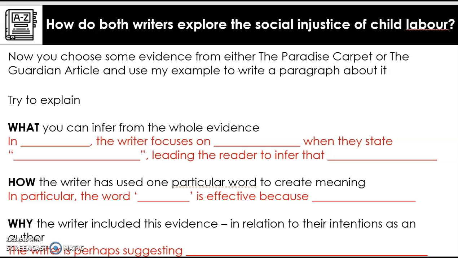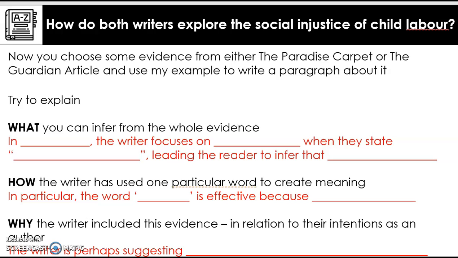But you might want to start with: the writer focuses on whatever they're focusing on when they state, and that's where you have your evidence from the text. "Leading the reader to infer that" is a good phrase to help you explore and explain what the whole line shows or conveys. The how part is next, and that's how the writer has used one particular word to create meaning.